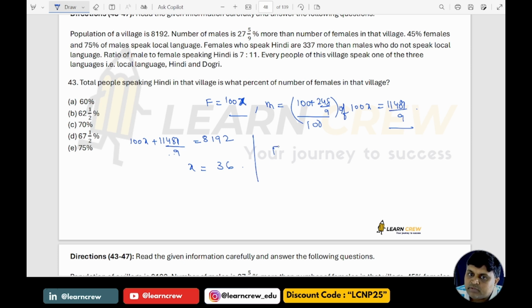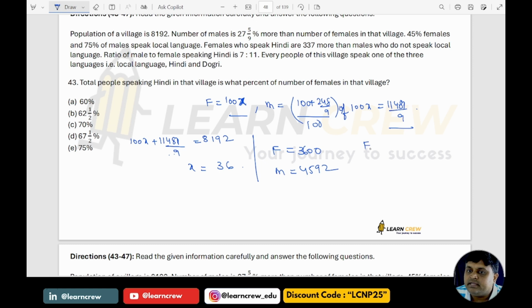Thereby females are 100 into 36, which is 3600, and males are the remaining, which is 4592. Now 45% of females and 75% of males speak the local language.